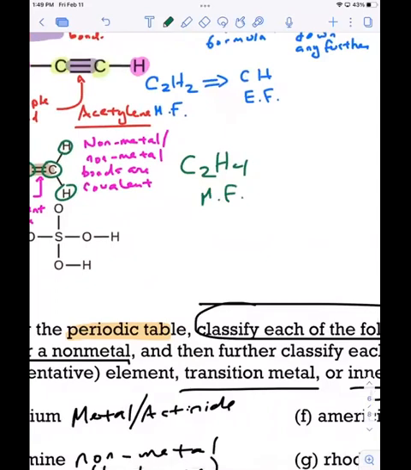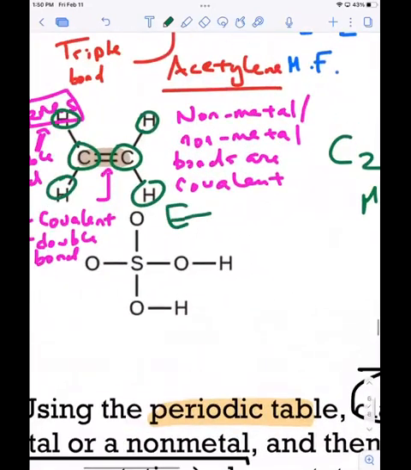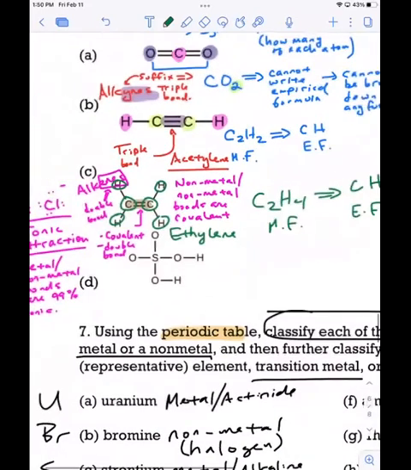We can write the empirical formula by reducing it down. If we divide everything by 2, we end up with CH2, which is the empirical formula. So how many of you have ever heard of ethylene? Anybody? That's what this compound is.